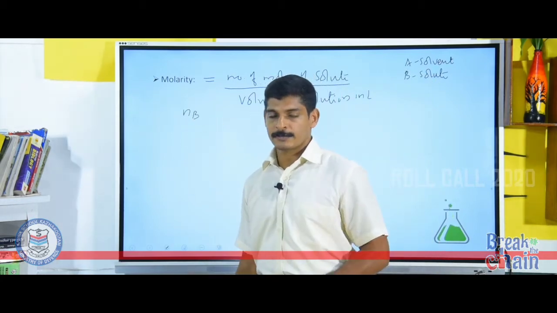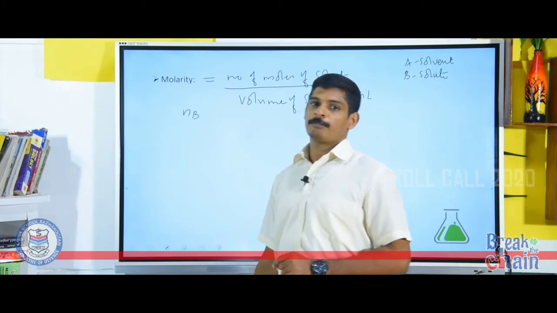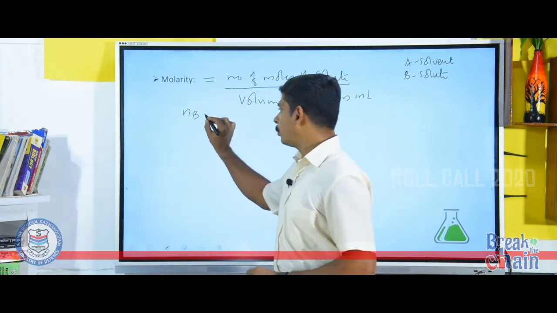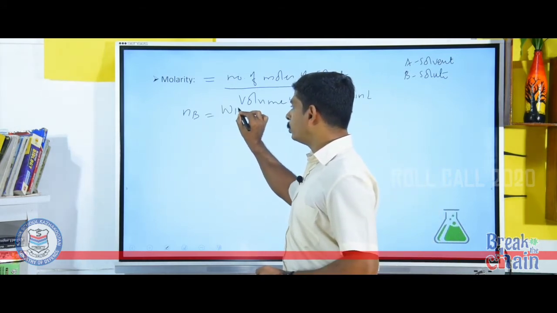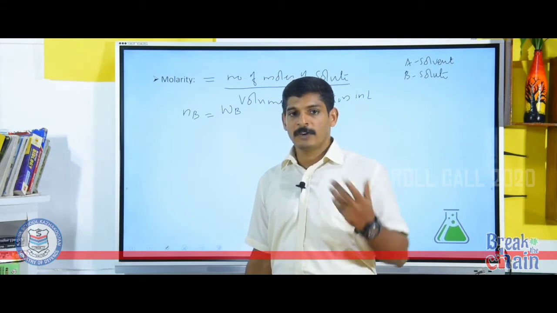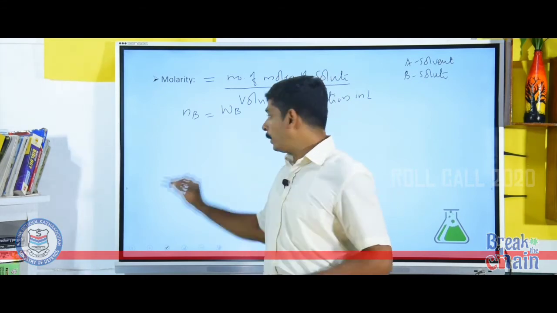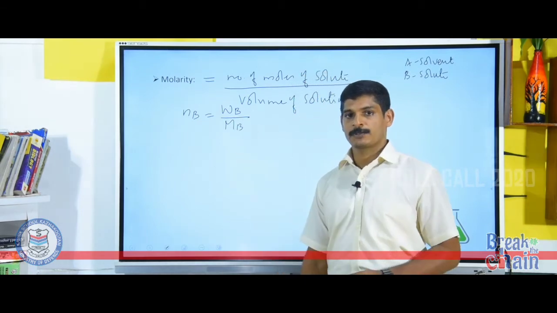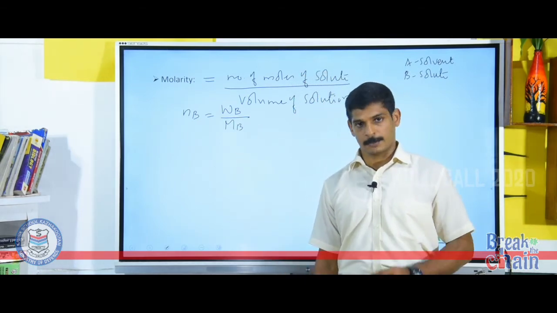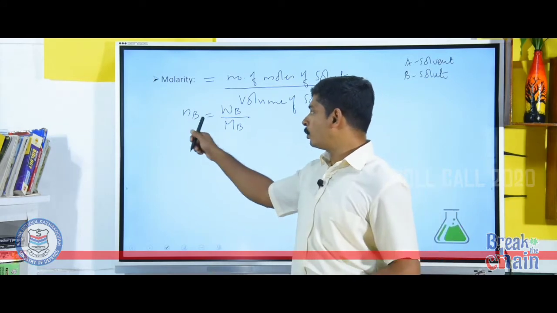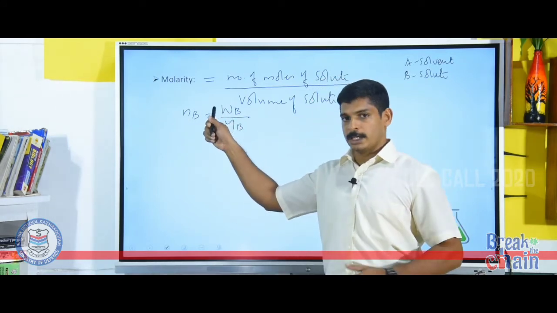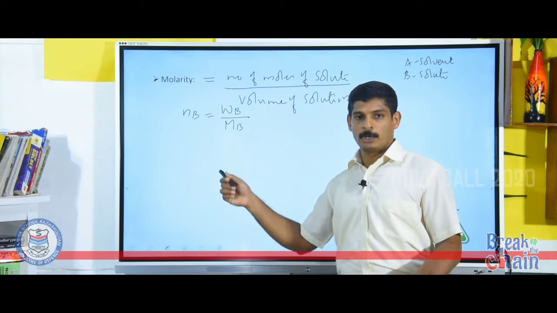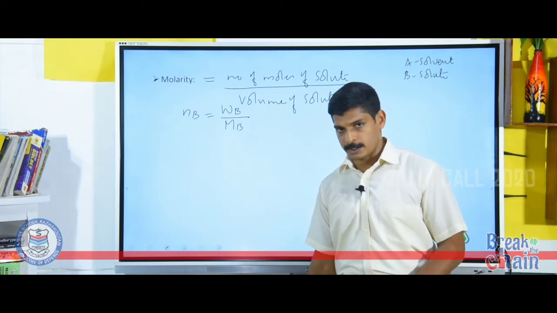You can express this number of moles of solute in terms of weight, that is WB divided by MB. What does M stand for? M stands for the molar mass of that particular substance, right. So, number of moles is equal to the given mass of the substance divided by the molar mass of that substance, right.